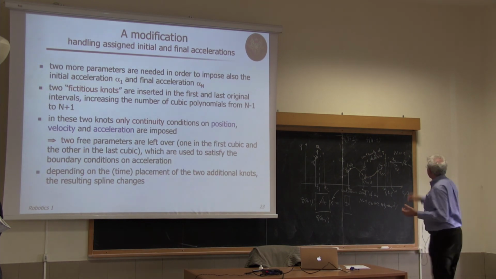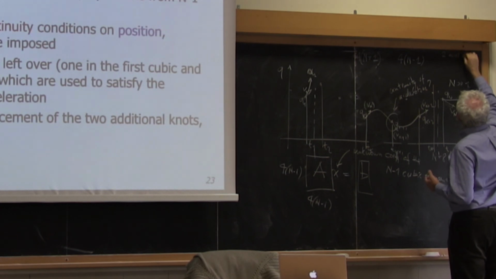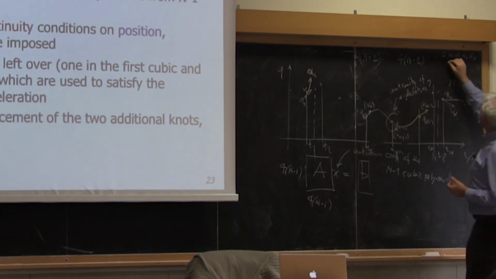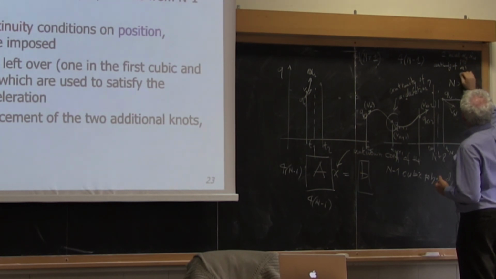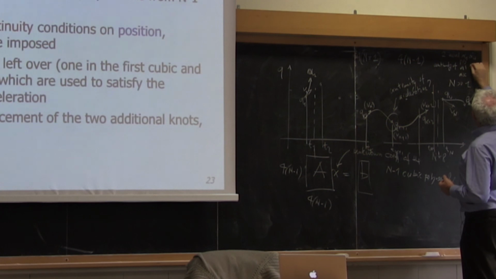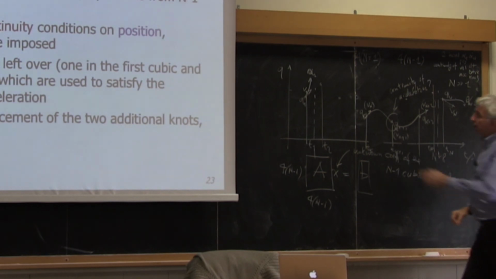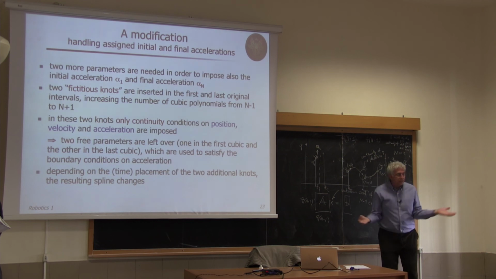And the missing conditions are 2 acceleration, alpha 1 and alpha n, and then continuity of position, velocity, and acceleration at extra knots. So here, you're not imposing a specific value because you don't have this value.